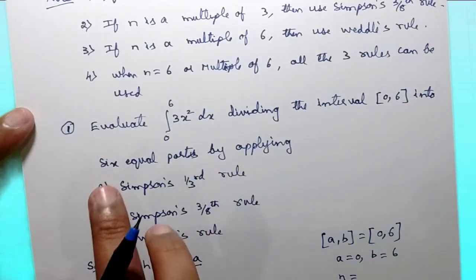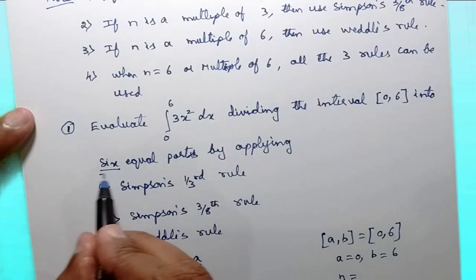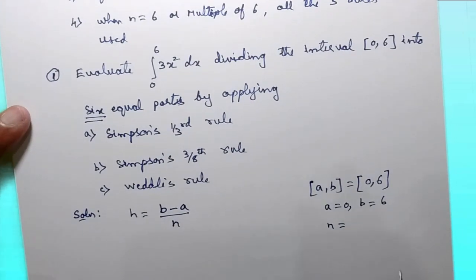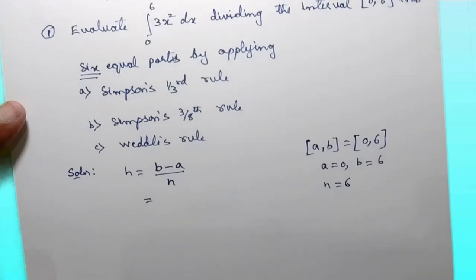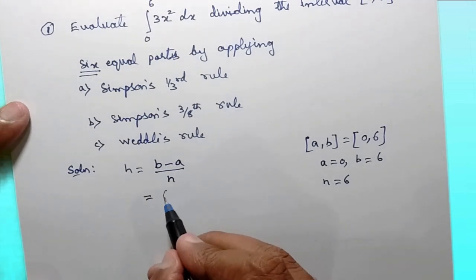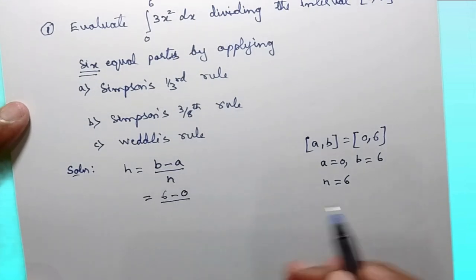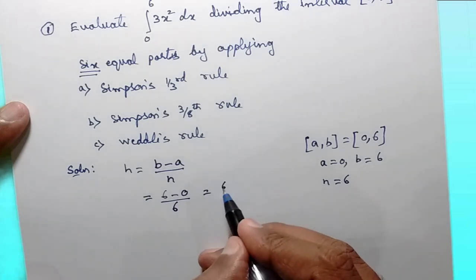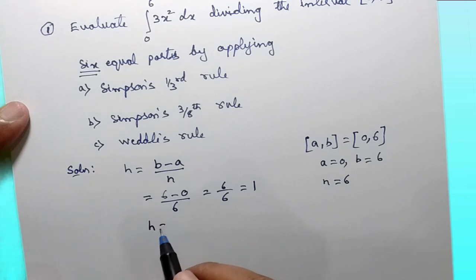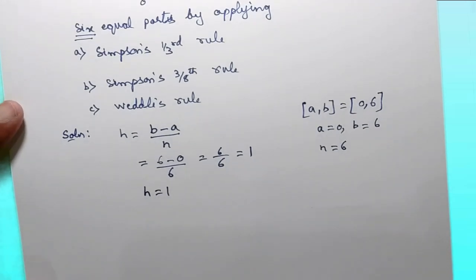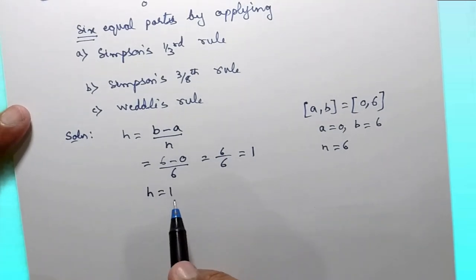You are dividing the interval into how many parts? 6 equal parts. Therefore the value of n is 6. Plugging in, b value 6 minus 0, divided by n value 6, so it is 6 by 6. Therefore the value of h is 1. So we have got the value of h.